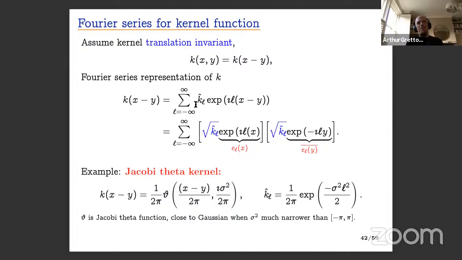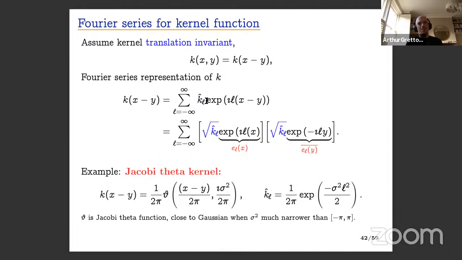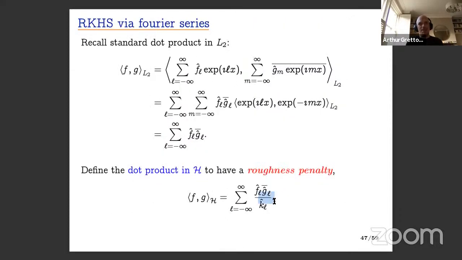So, let's say that I have a less smooth kernel, and I can define kernels with a much slower decaying spectrum, which will give me much less smooth functions. Nonetheless, as long as I have this Fourier transform well defined, which is to say that the k's decay fast enough that the sum converges, then I'm going to be able to write this smoothness penalizing dot product.